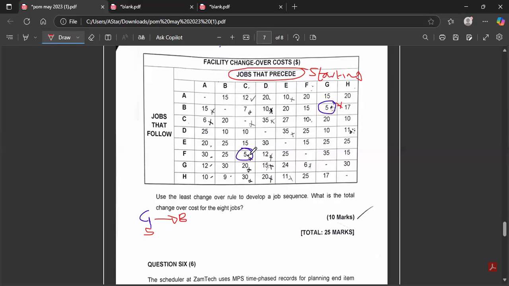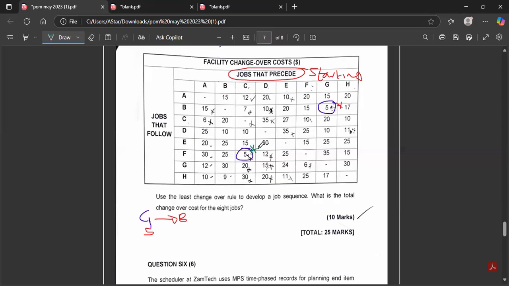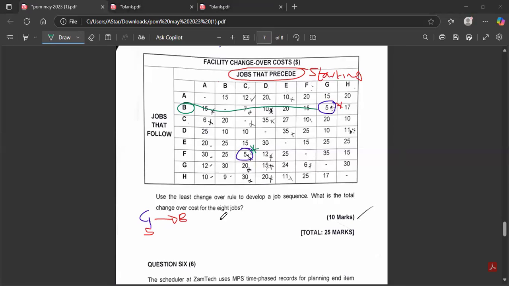If I wanted, I would have also started with this 5 here. There's no problem. So the following activity is what? B. Are we together? Yes, we are with you.